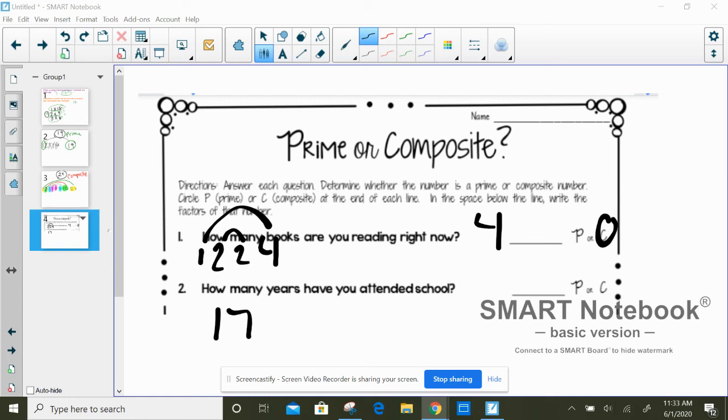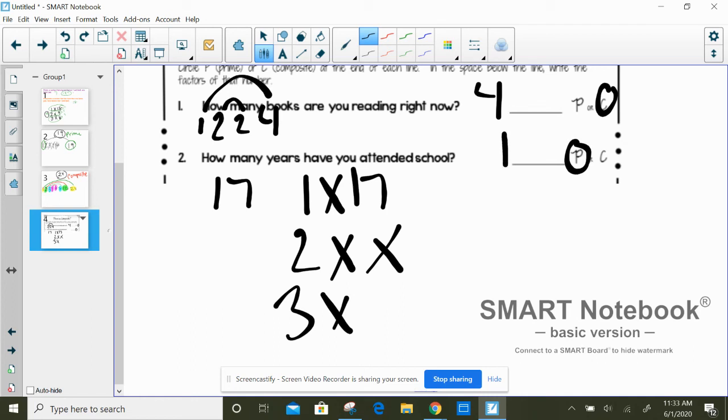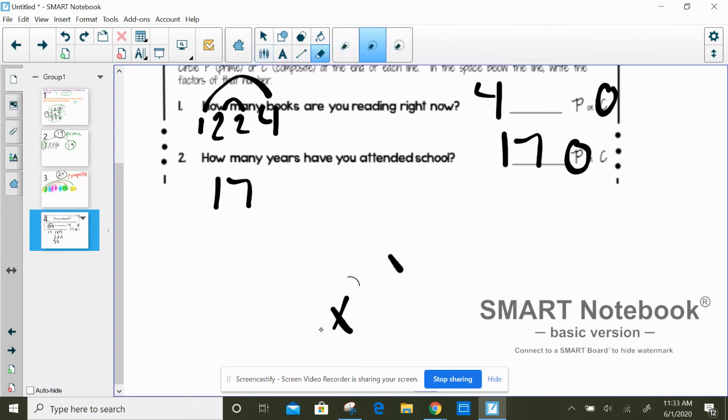So 17, let's see, what are the different ways I can make 17? 1 times 17 always, right? 2 times something give me 17? Nope. 3 times something, no. So 17 is prime, okay? So first you need to answer the question, and then you're going to figure out if that number that you answered is prime or composite.